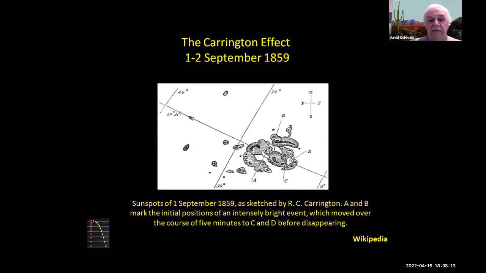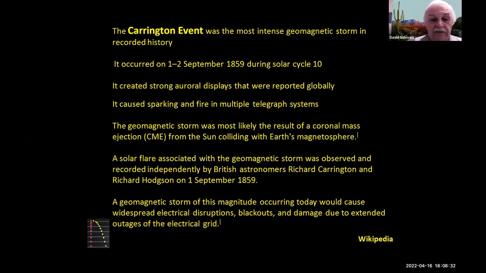And within a 5-minute period, the flare that originated in this region moved from here to here. Unbeknownst to Carrington at the time, this did produce a huge coronal mass ejection. So during this time, this produced, again, strong aurora displays. And mind you, the sunspot was aligned with the Earth. I mean, it was looking right at us.